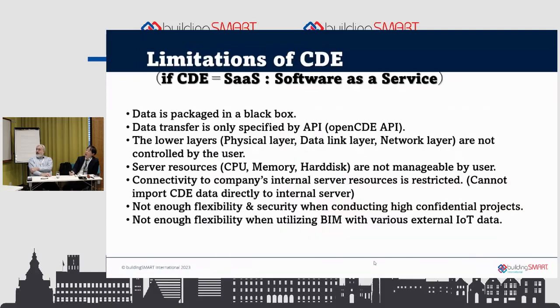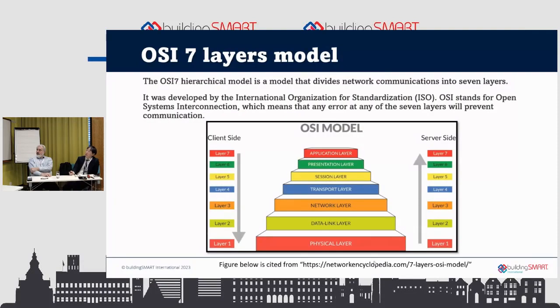And then I wrote this physical layer and so on. It's from the OSI 7-layer model, a very old internet connection data model. I guess you know this word, and it's defined by the ISO.